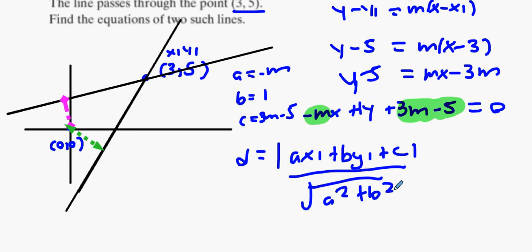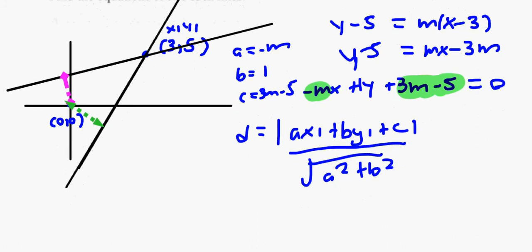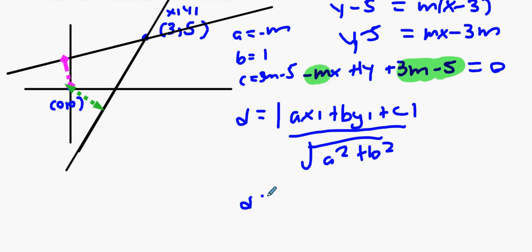Now, what we're going to do next is minus m times blank plus b times blank. Oh, sorry, I got that wrong.